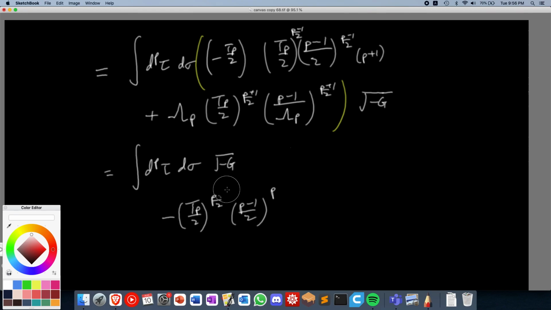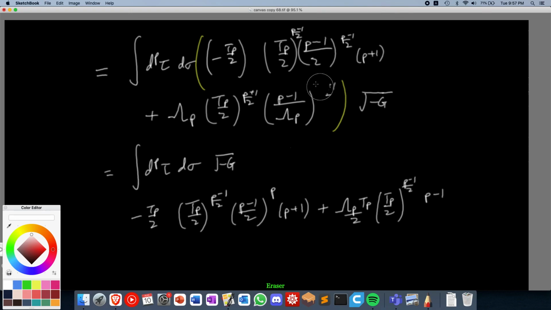I should leave the one factor of tp over 2 outside and leave this as minus 1, and then this guy, I'm just copying this over, and then after that I have a p plus 1, and then from here I have a plus lambda p tp over 2, and then this is tp over 2, p minus 1 over 2, and this is p minus 1.